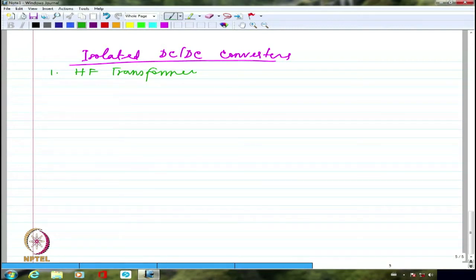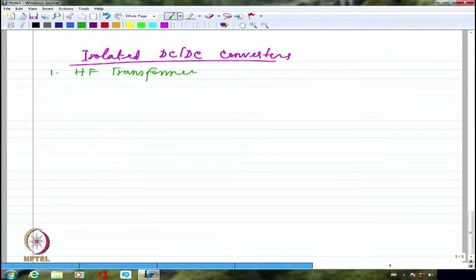Because for example, if you look at your computers where we are using SMPS, what we give to the ICs are 5 volts, 3.3 volts, 12 volts and so on. Whereas what we give from the UPS is 230 volts.